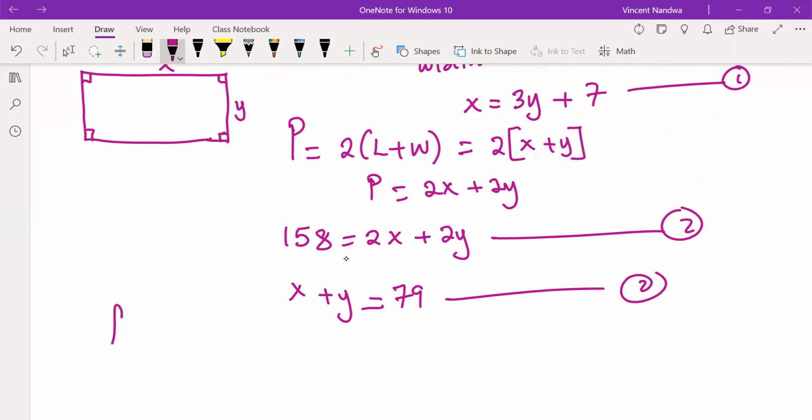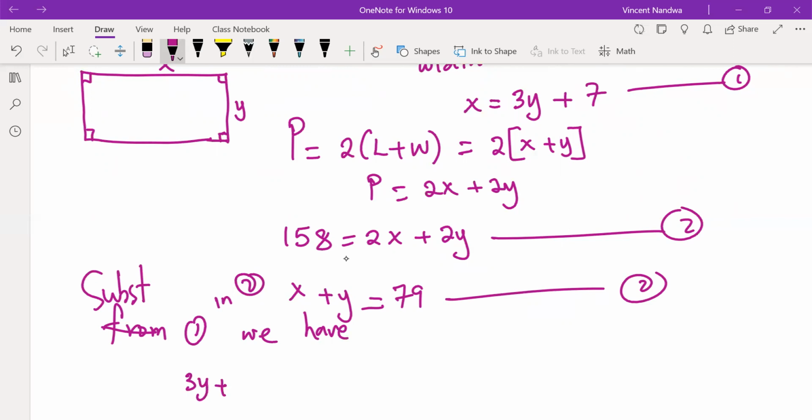So from 1, substituting 1 in 2, we have X is 3Y plus 7, should give us 79. So I'm substituting equation 1 for X in equation 2.